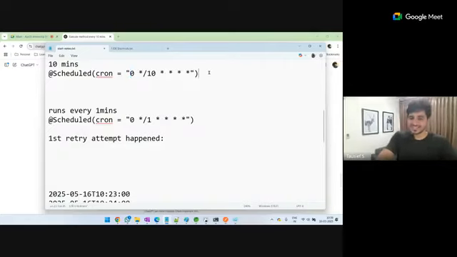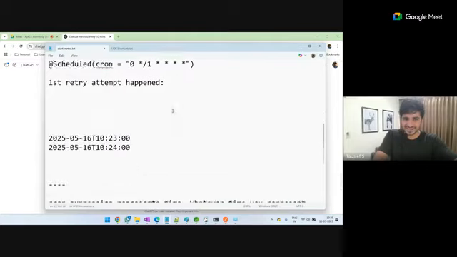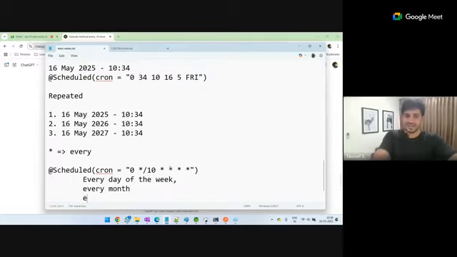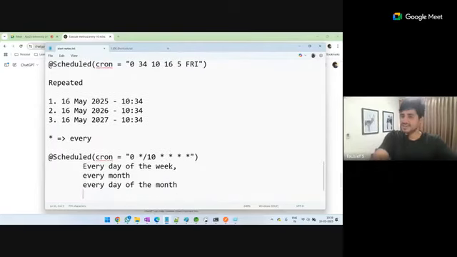So what is our observation here? Star means every. So if you want to really understand this expression which ChatGPT gave us, it simply means every day of the week, every month, every day of the month, meaning January, February, March, all days. Yes, every hour.